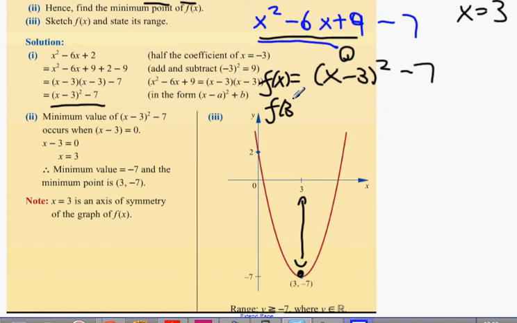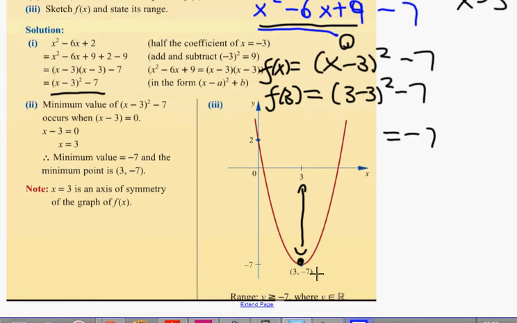Therefore, if the input is 3, the output is going to be minus 7. This is the point 3, minus 7, which is the minimum point. Please be aware that an axis of symmetry also crosses up through the middle. Is that alright?